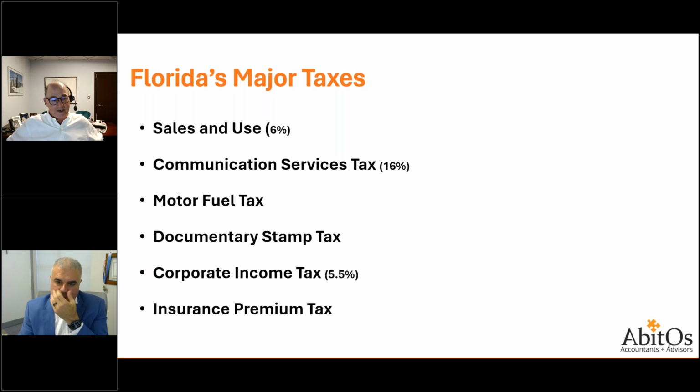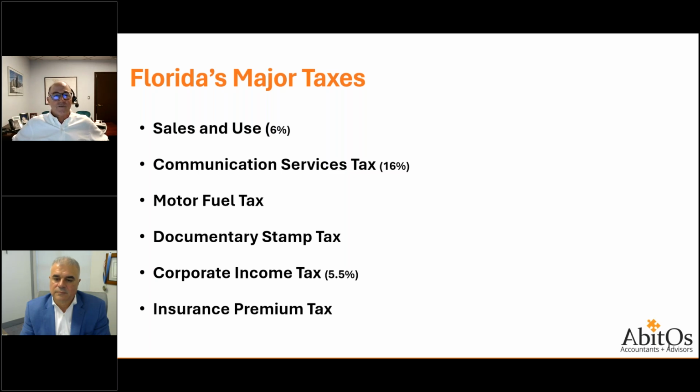Florida's corporate income tax rate is 5.5%, and it has some nuances to it, but generally we take our entire United States profits, which is reported on a federal tax return, and we calculate how much of the profits were earned in Florida through a process called apportionment.